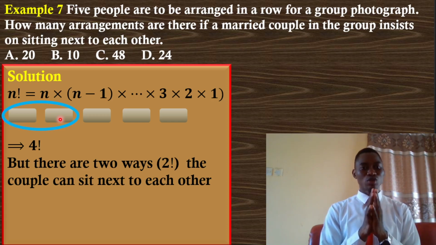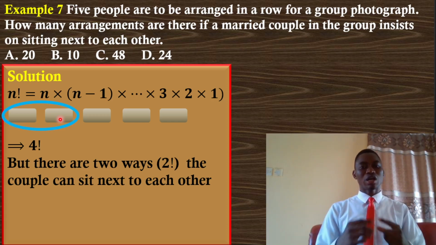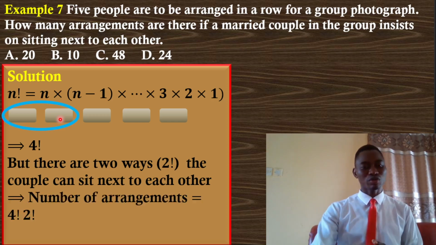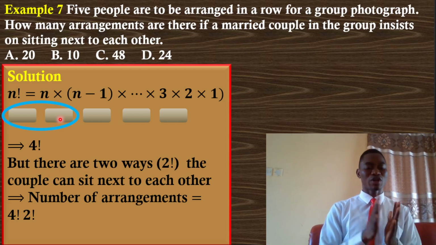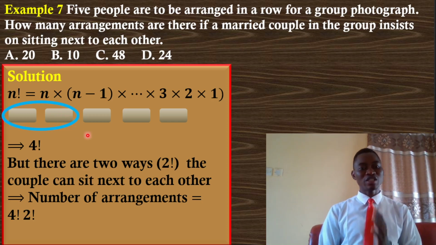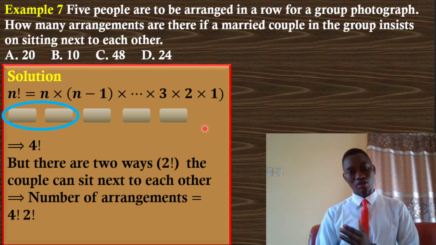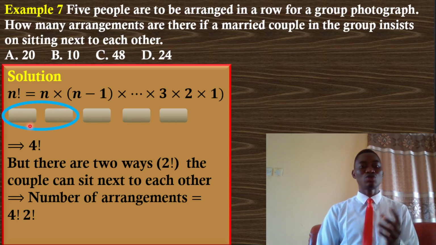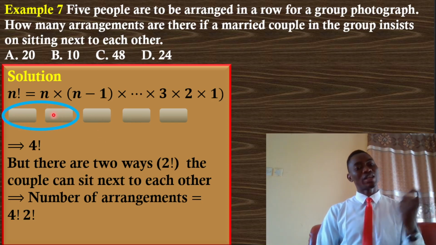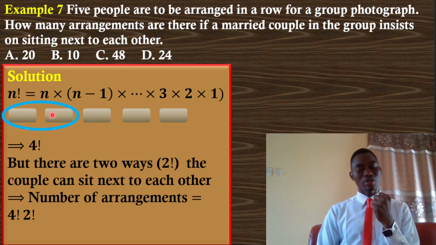Is that clear? So this brings our permutations to 4 factorial times 2 factorial. The first arrangement is 4 factorial because the couple are sitting next to each other, so 2 seats are regarded as a collection, as one thing.